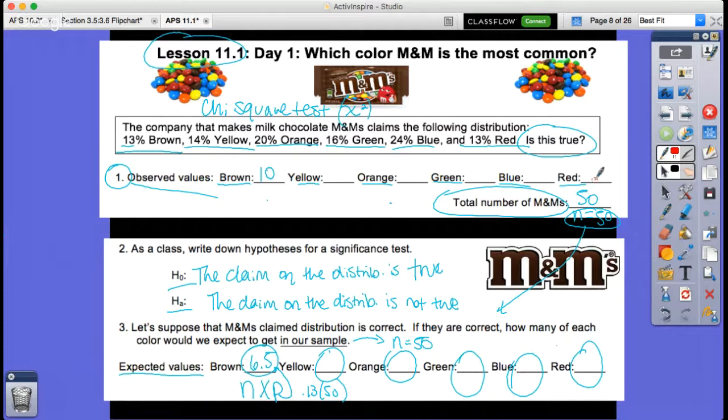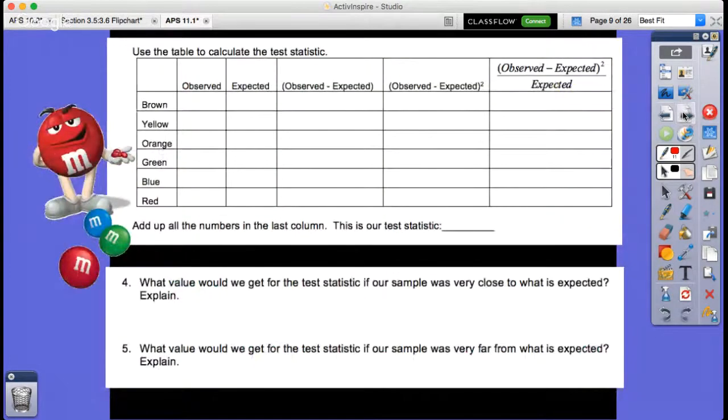All right, let's go to the next part, where we take our observed and our expected. We observed that we got 10. Wow, that's big time. Let's back up. So we got 10 for the observed, while the expected would be 6.5.